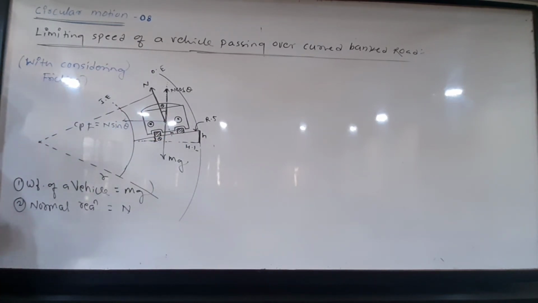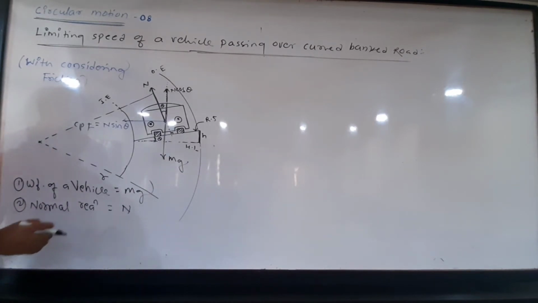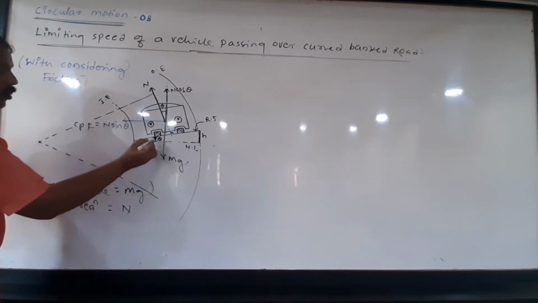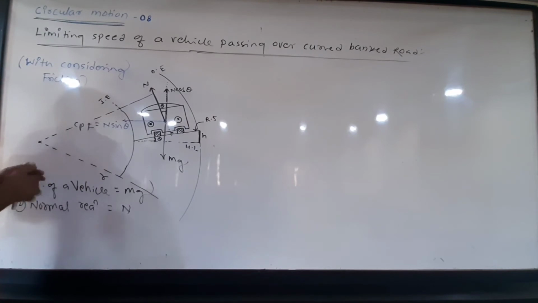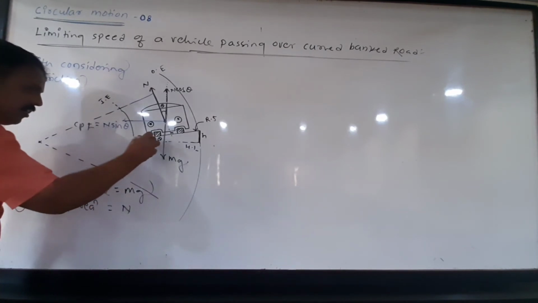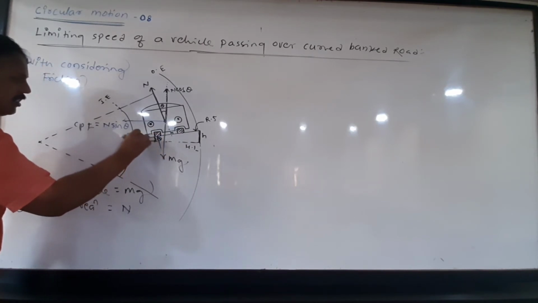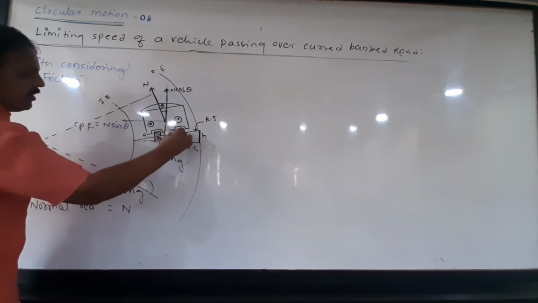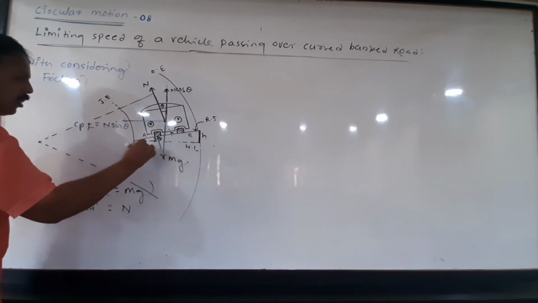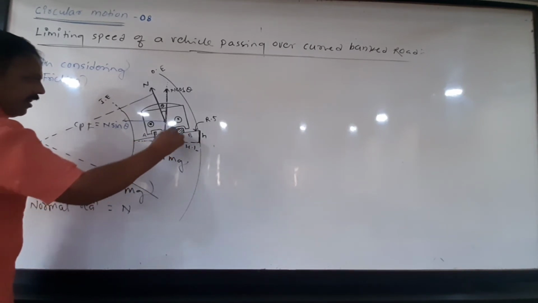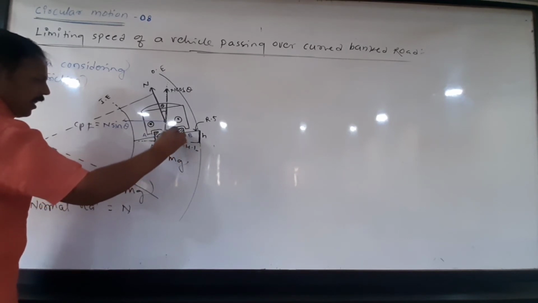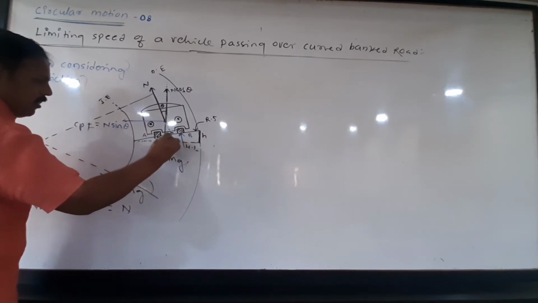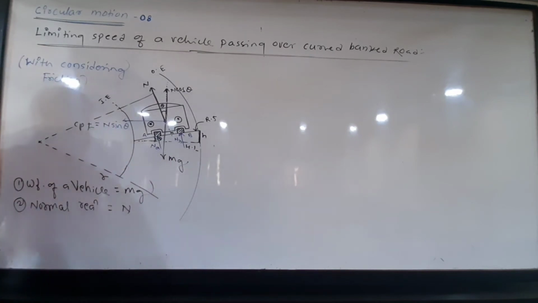Here, at the two wheels, there are two different normal reactions. If this is inner wheel A and this is outer wheel B, this normal reaction is Na, and here another normal reaction perpendicular to the road surface is Nb.